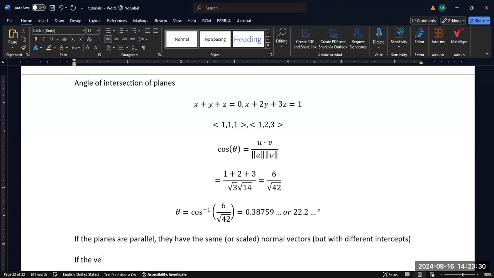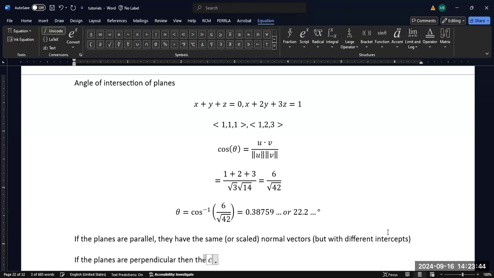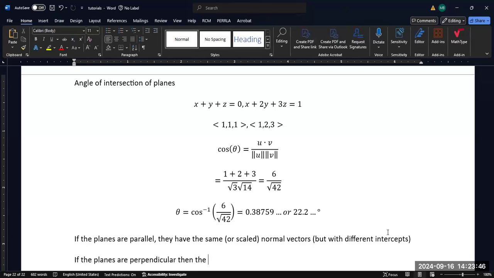If the planes are perpendicular, then even before we get to our cosine formula, the dot product will be 0, and therefore the cosine of theta will be 0, and therefore the angle between them will be 90 degrees.